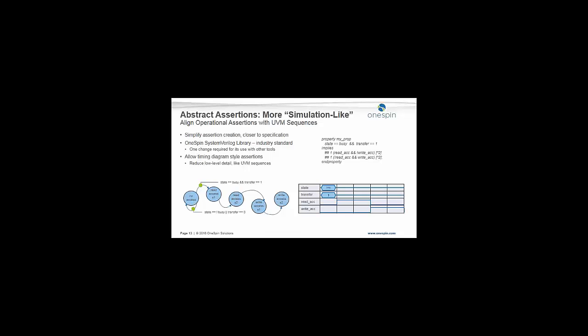It's just a style of writing your assertion, like here with this imply statement. An operational assertion is a textual way of describing a waveform. And waveforms are things that all the designers and verification engineers are very, very comfortable with. It makes it much easier for people who don't have deep training with SVA to get started with formal and to use it.